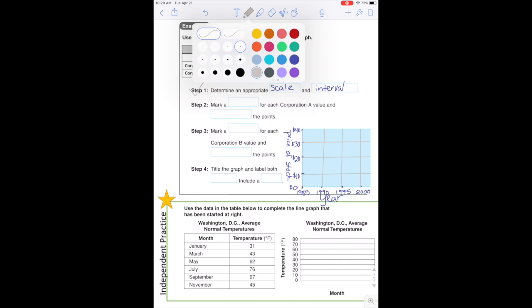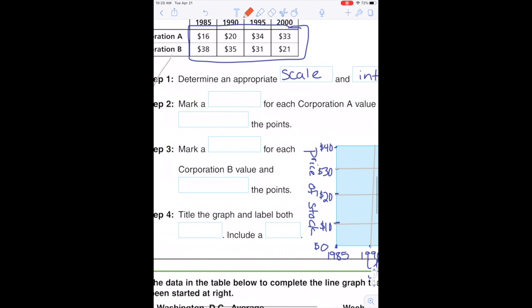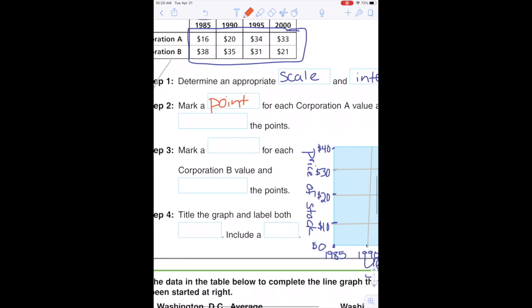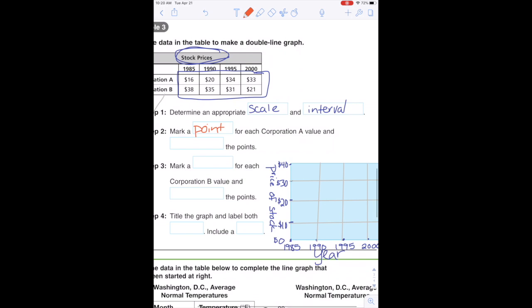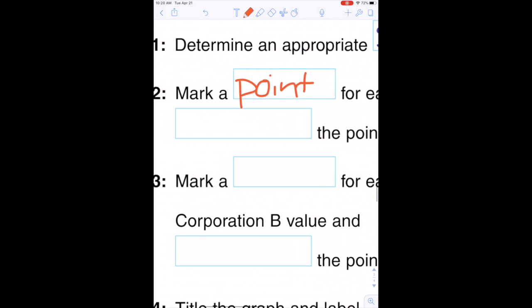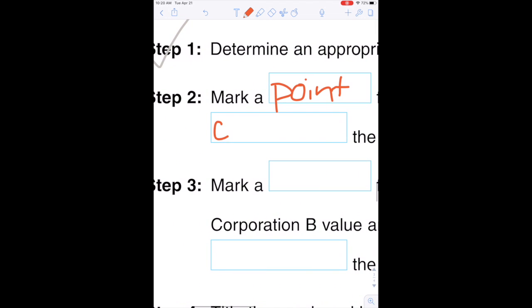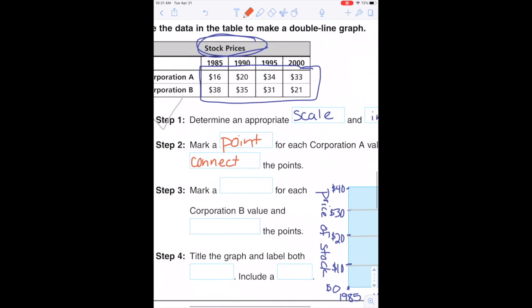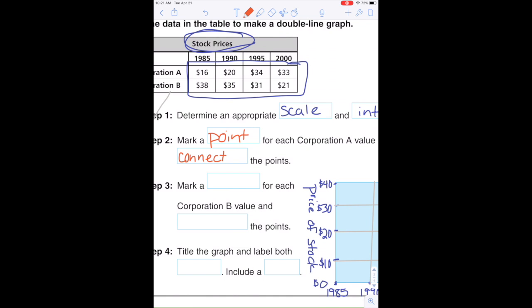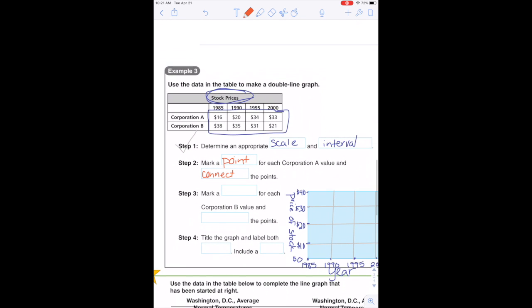Now we need to mark a point for each corporation A value and connect the points. This is going to be really important because it's a double line graph. There's going to be 2 lines that we make. So we're going to figure out what color we want to use. I'm going to use purple for corporation A.